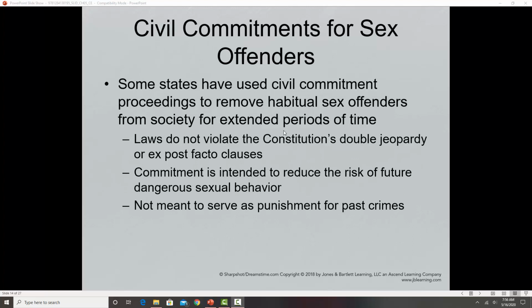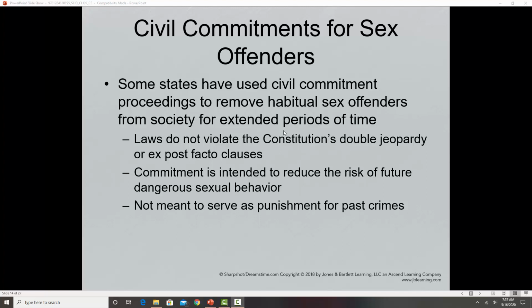Civil commitment for sex offenders. This is an interesting concept, and most states actually have this. This is when we have civil commitment of habitual sex offenders to keep them away from society, even after they have served their sentence.